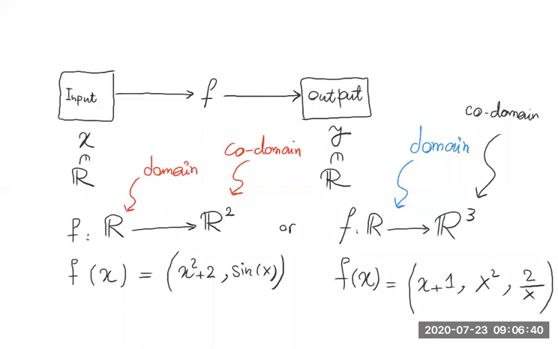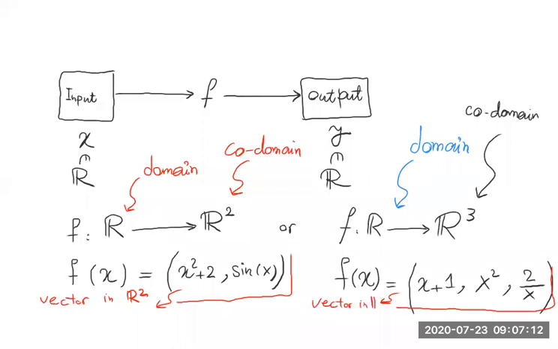These are examples of functions of several variables, vector valued functions. The reason is that if you look at the function, its value is a vector in R2. That's why we call it vector valued functions. Here, the result is a vector in R3.